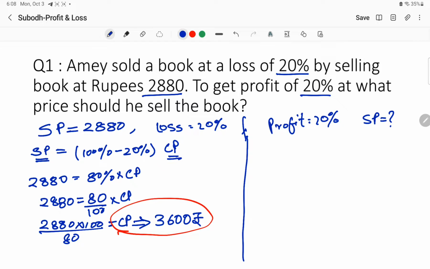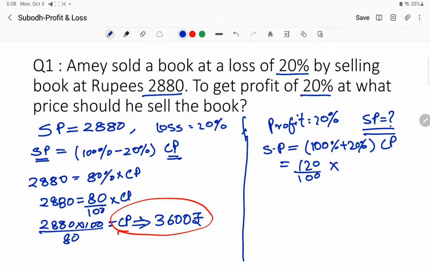So here we have to find the selling price, right? Now we know the cost price, so selling price equals 100 percentage plus 20 percentage into cost price, so equals 120 upon 100 multiplied by 3600.